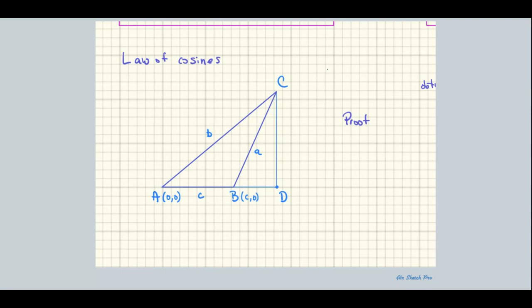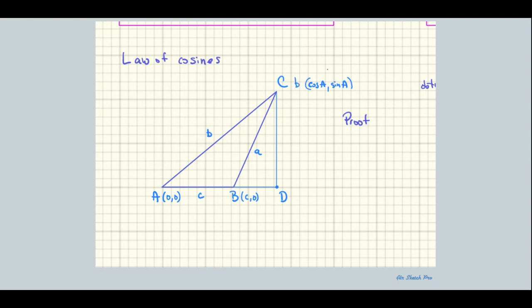Okay? And now, for the angle A, if this was a unit circle, the coordinates of C here would be cosine A, sine A.